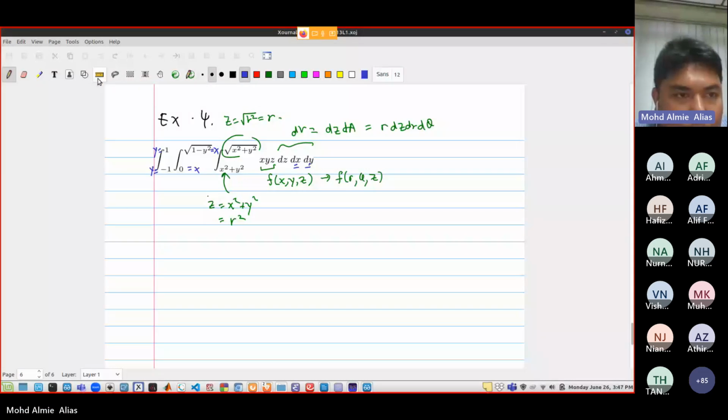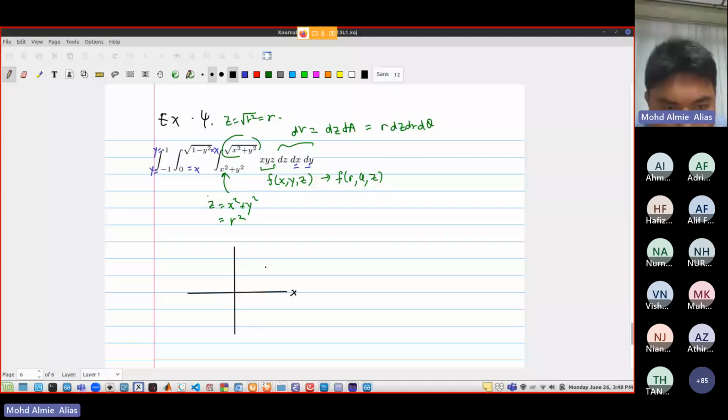Okay, so let's draw our xy plane. This is our x, this is our y, and we are interested in y from -1 to 1.